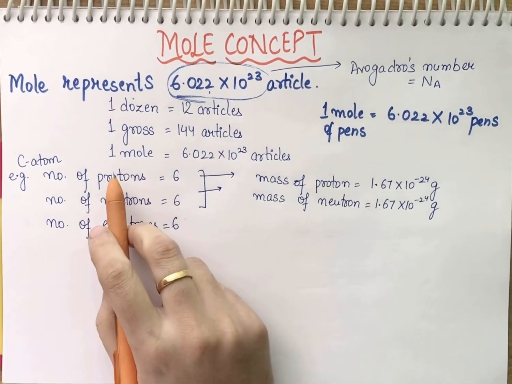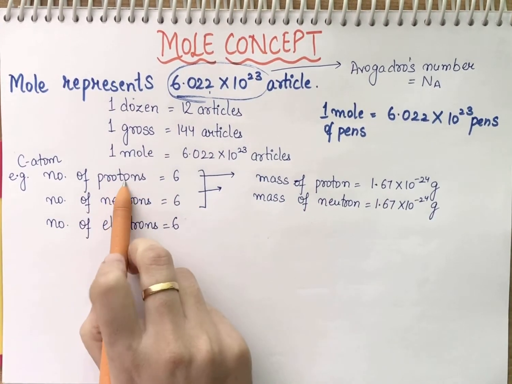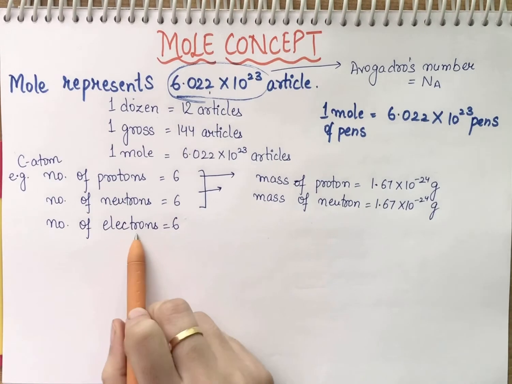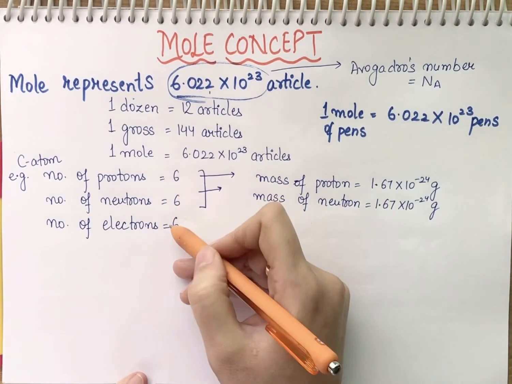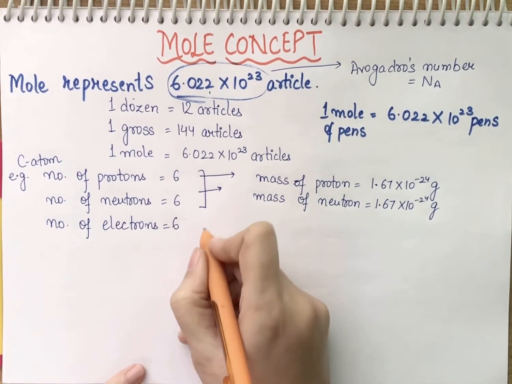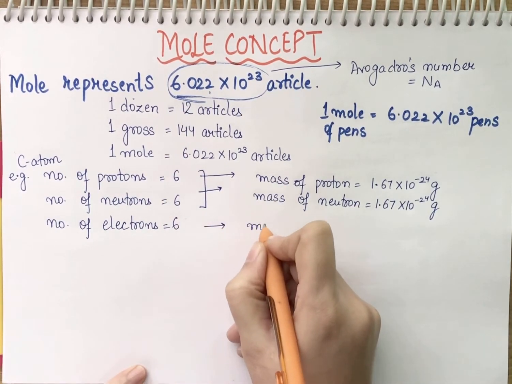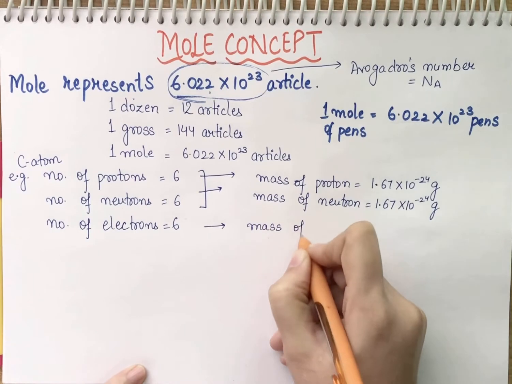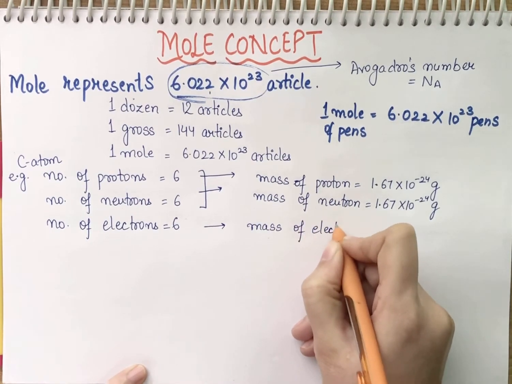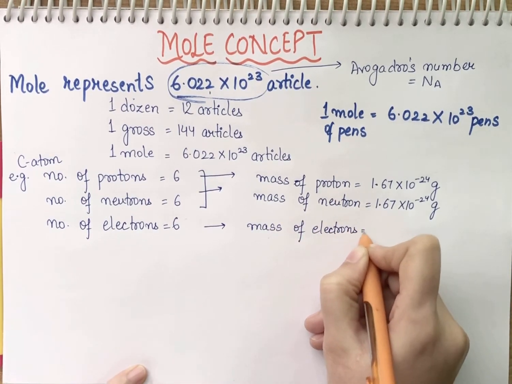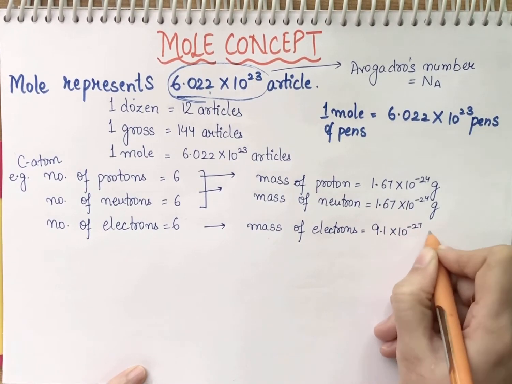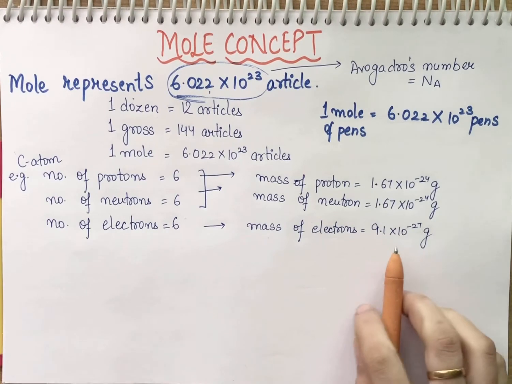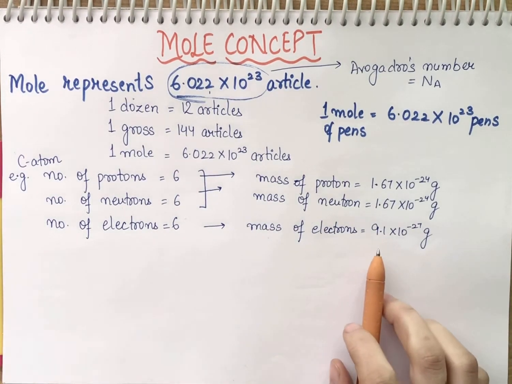Now in carbon atom, I'm having protons, neutrons and electrons also. So technically I have to add all these masses, but I am not adding the mass of electron. Why? Because the mass of electron is very small, that is 9.1 into 10 raised to power minus 27 gram, which is quite small, that we can neglect.